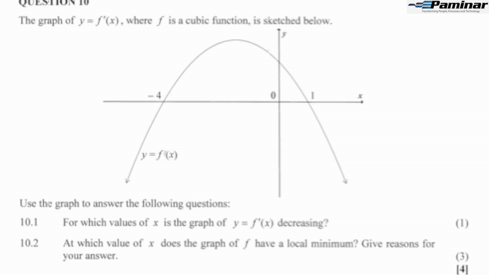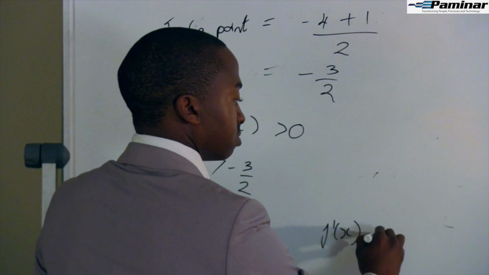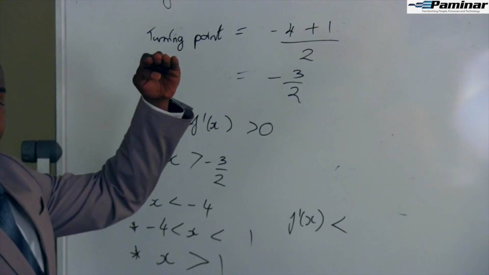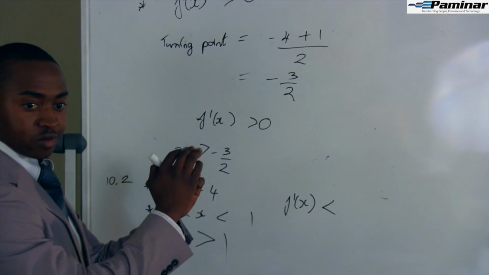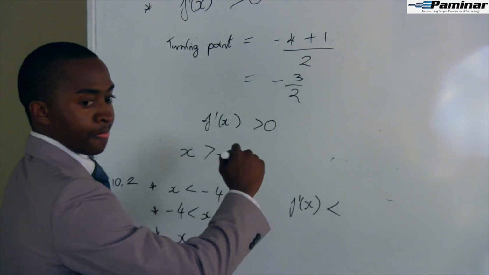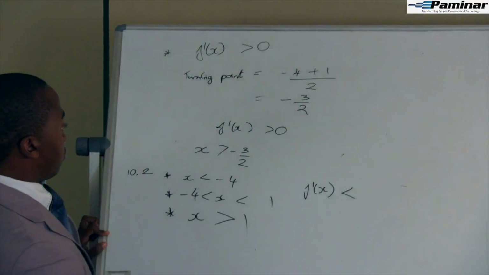Looking at your question, f prime x at x less than -4 will be less than 0. Can you see that? Let me draw it for you.